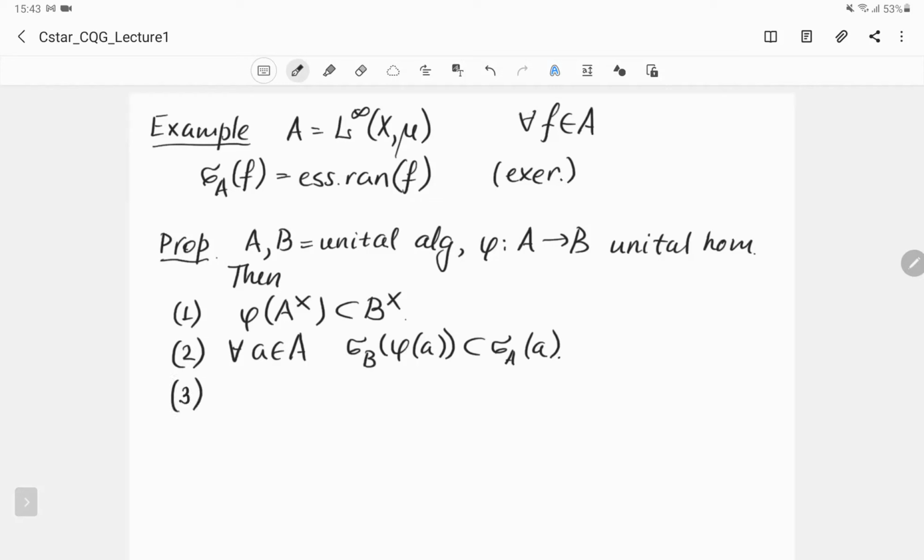And this happens if and only if phi takes non-invertibles to non-invertibles. So phi takes non-invertibles to non-invertibles if and only if it preserves the spectrum. That is, for each a, we have the following equality.